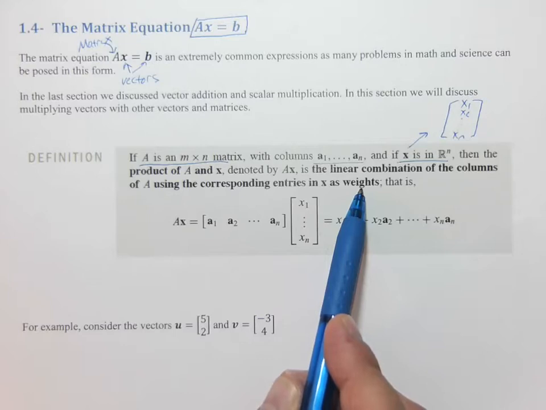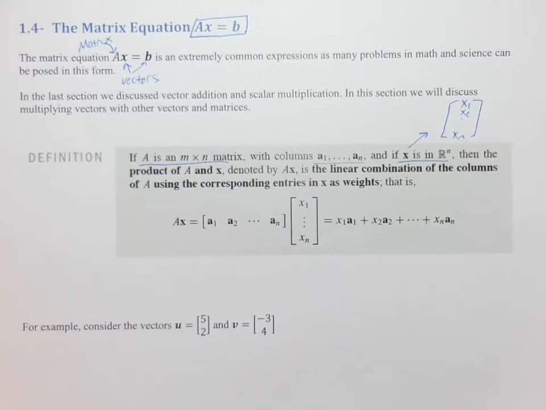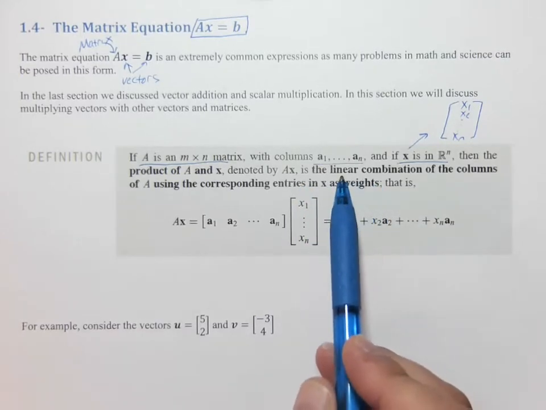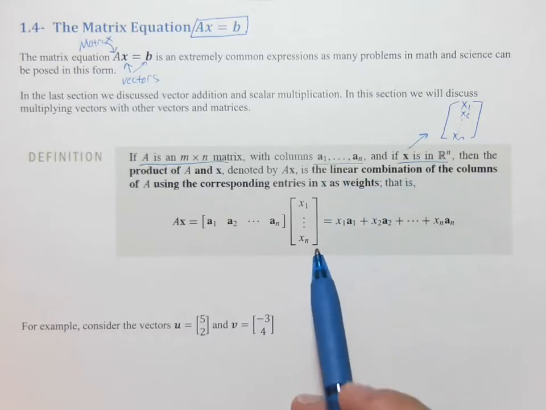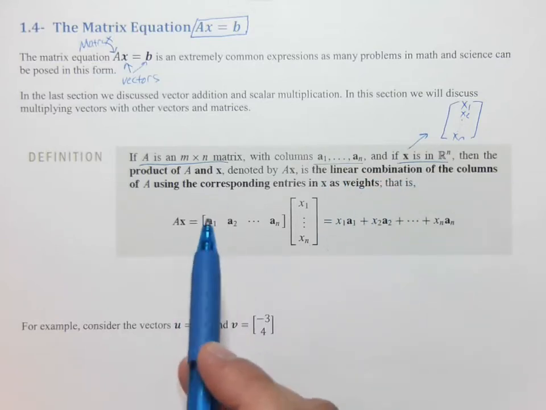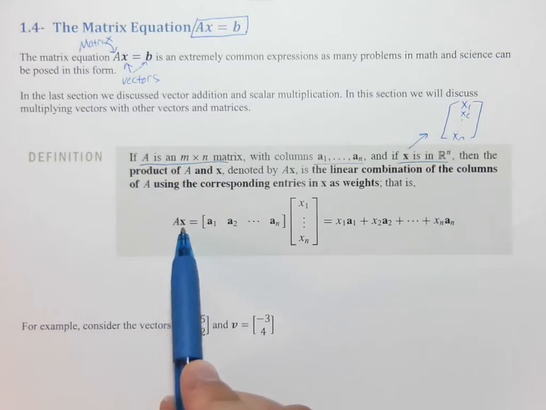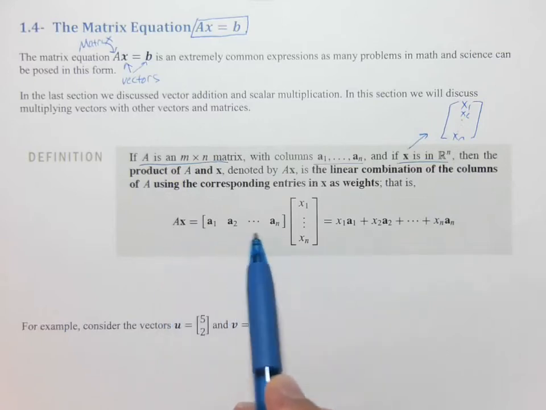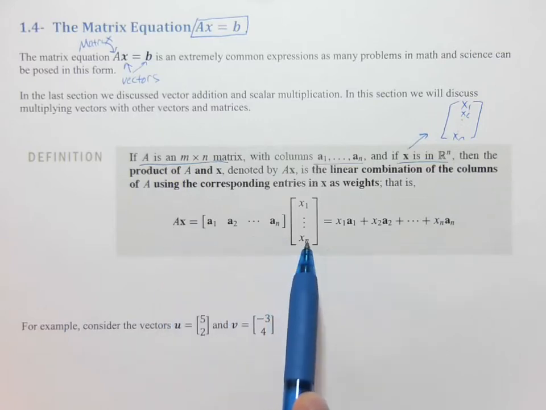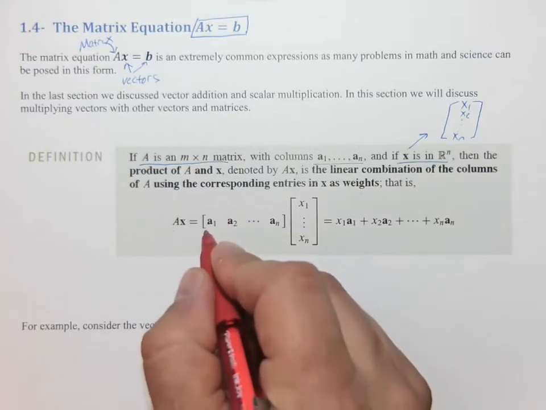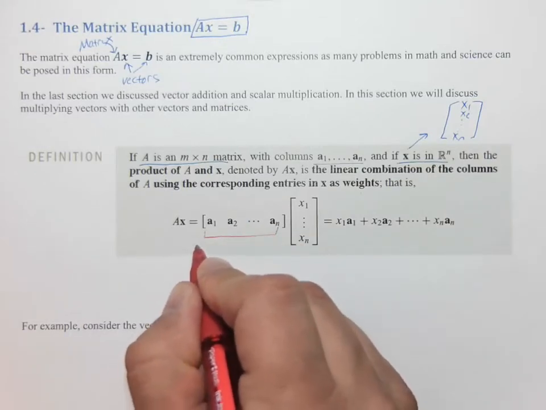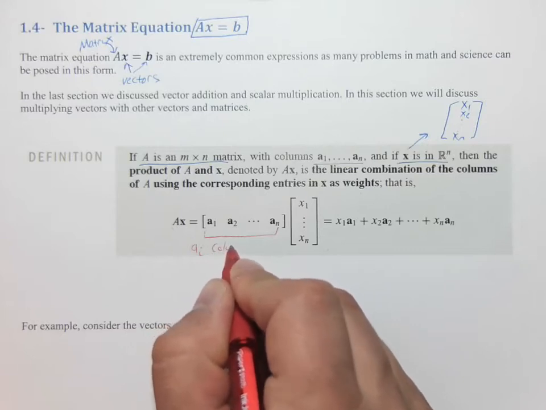These are all vocab words that we've seen in the last sections, and so you might want to go back and think about what linear combination means, for example. But anyway, it's written out right here. A times x, matrix times a vector, can be written like this. Here's the matrix A, here's the column vector x. Each one of these a sub i is a column vector.